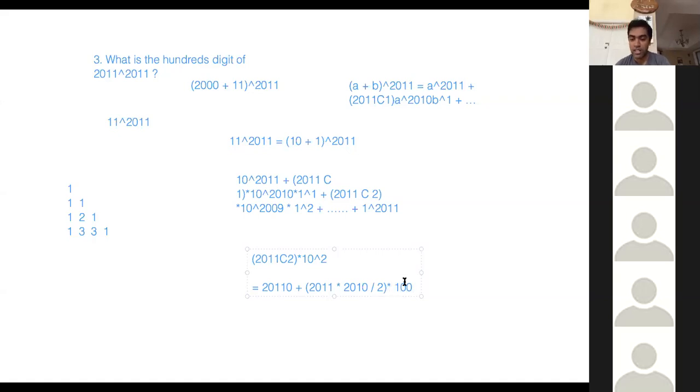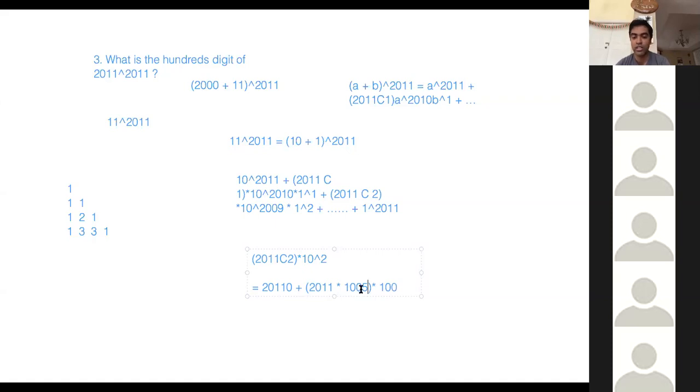If we're multiplying this by 100, we really only care about the last digit of this. What is the last digit? 5. Good, why 5? Because 1 times 0 is 0, and 0 divided by 2 ends in 5 always. Yeah, that's correct. Or we can even think about 2010 divided by 2 itself is 1005.